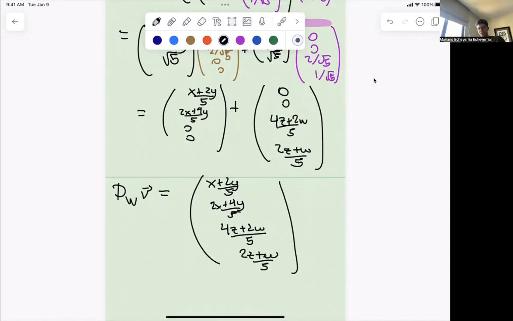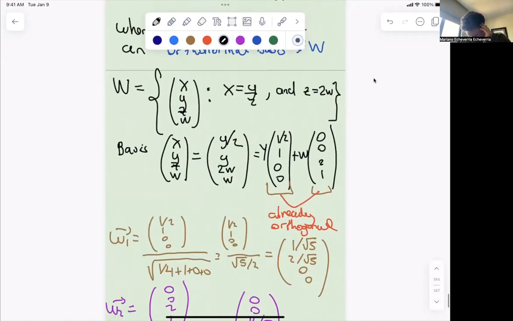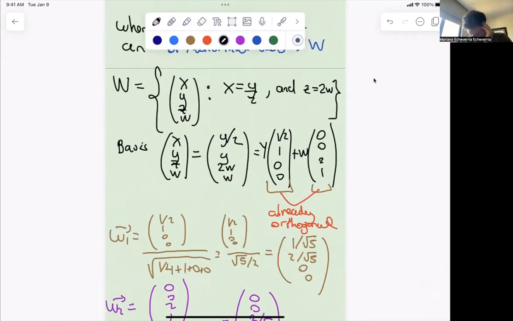Oh, well, you have to be careful here. Sorry, I write terrible numbers. This is a 2, right?